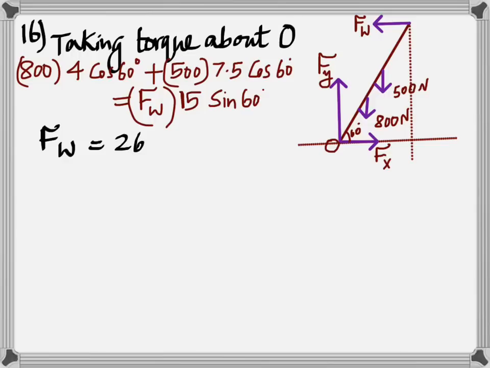The idea is you take 800 times that distance plus 500 times this distance, because you're always calculating the distance from the pivot, which is O.